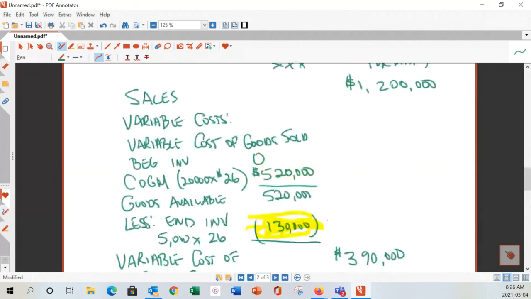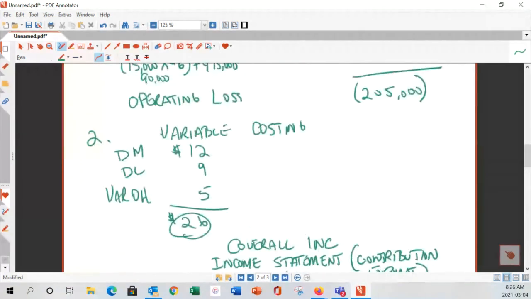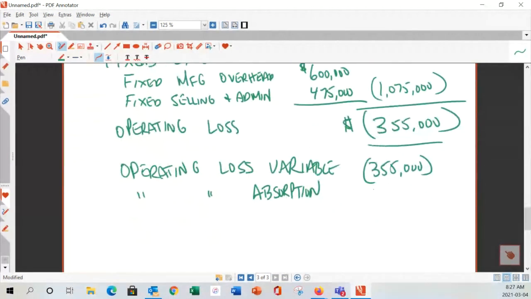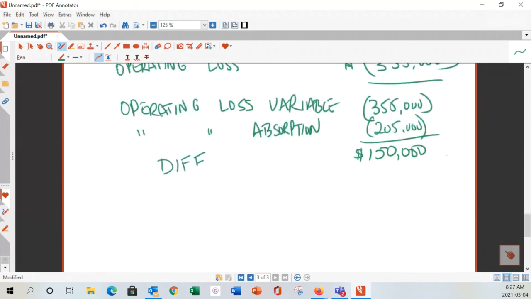We have 205, right? And our difference, just our change here, is 150,000. So we have a 150,000 greater loss under variable costing.